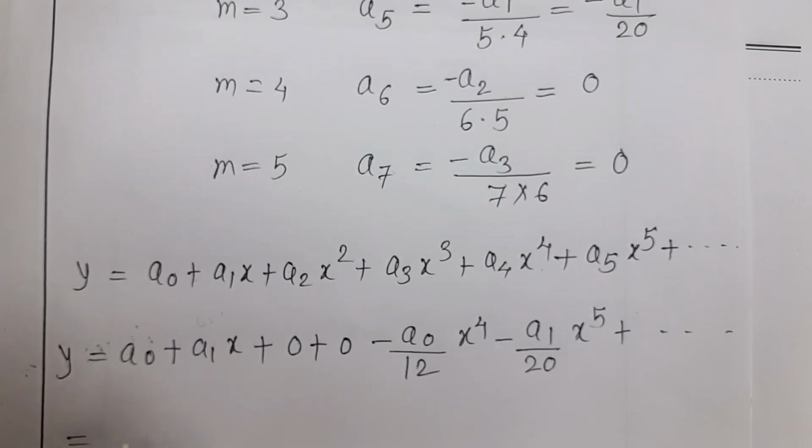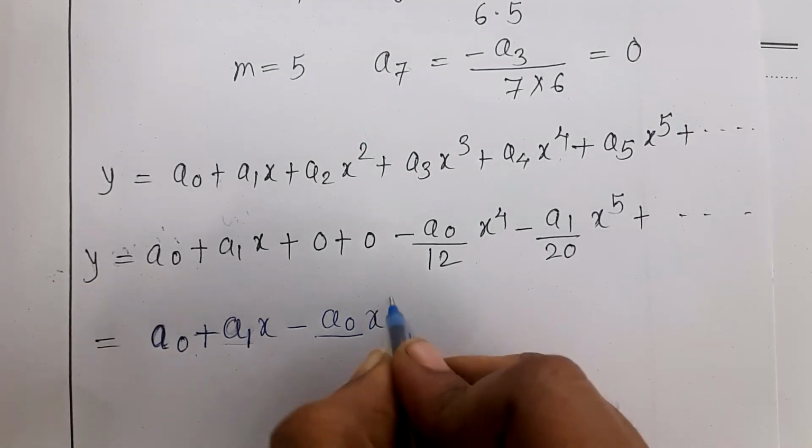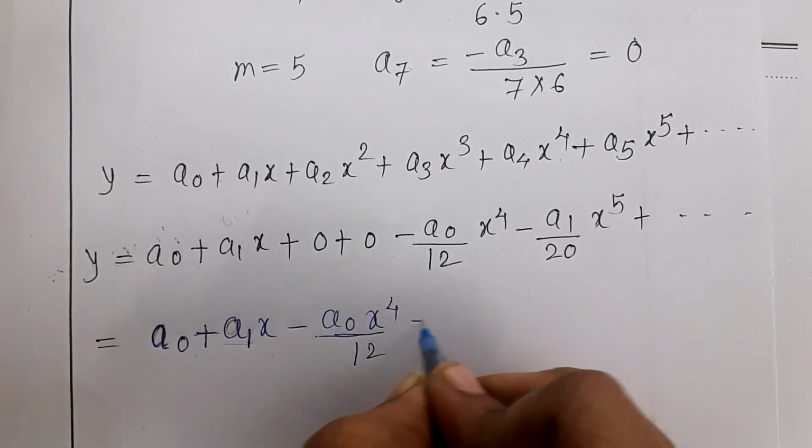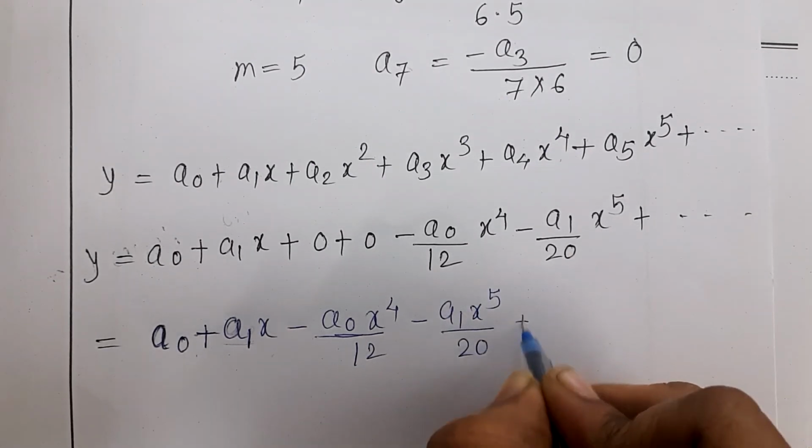So y is equal to a0 plus a1 into x minus a0 x to the power 4 divided by 12 minus a1 x to the power 5 divided by 20 and so on.